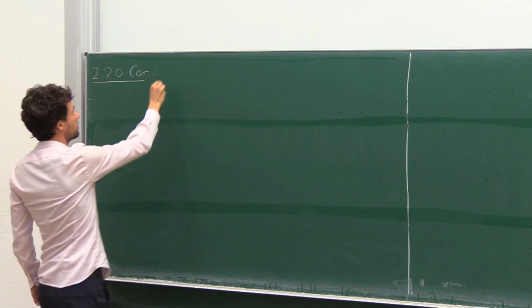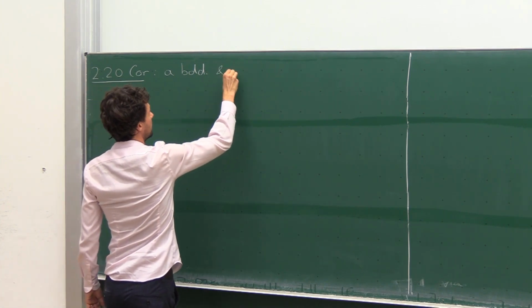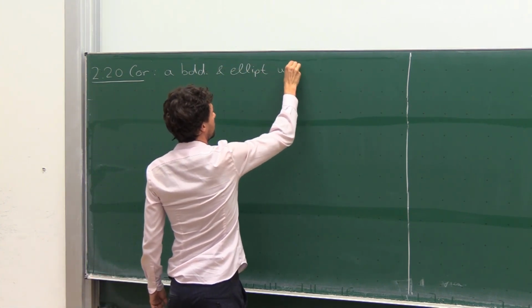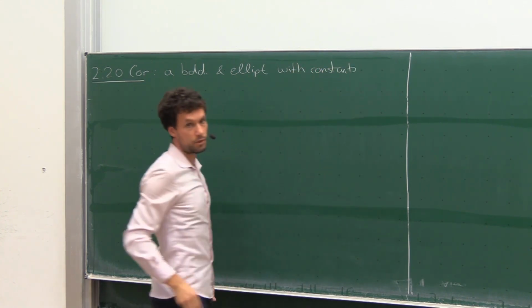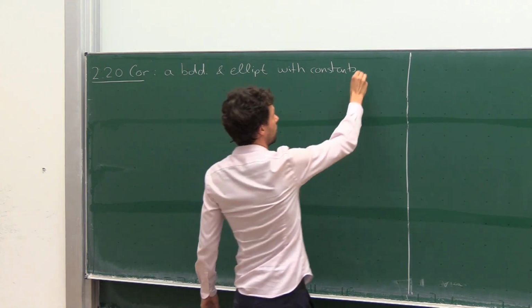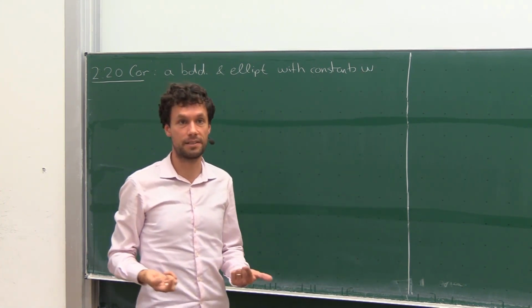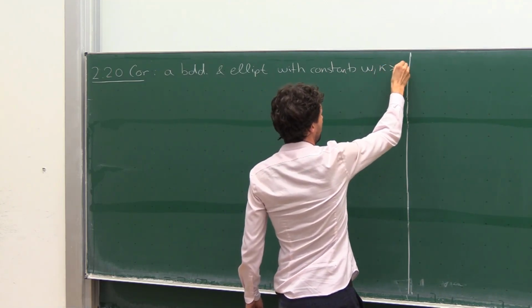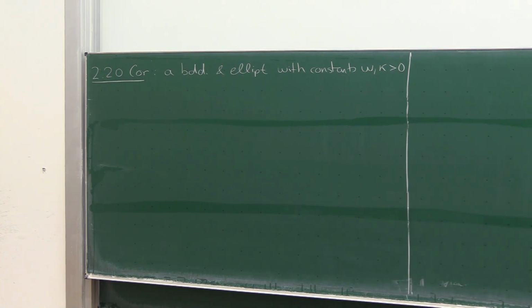Right? So suppose that the sesquilinear form is bounded and elliptic. Remember that there were some constants in the definition of ellipticity. There was the omega, the amount of H norm you could add on the left-hand side, and then there was the kappa appearing in the lower bound by the V norm of the quadratic form on the right-hand side.